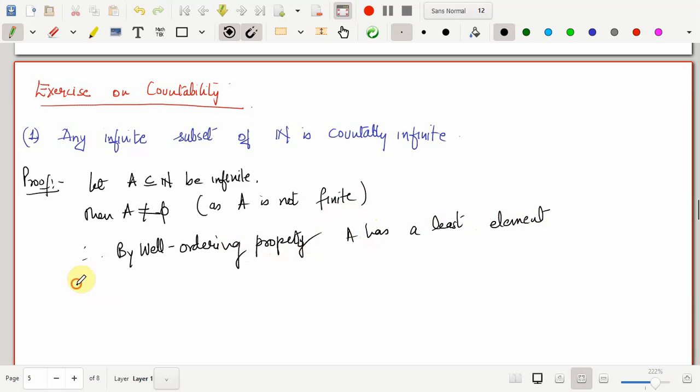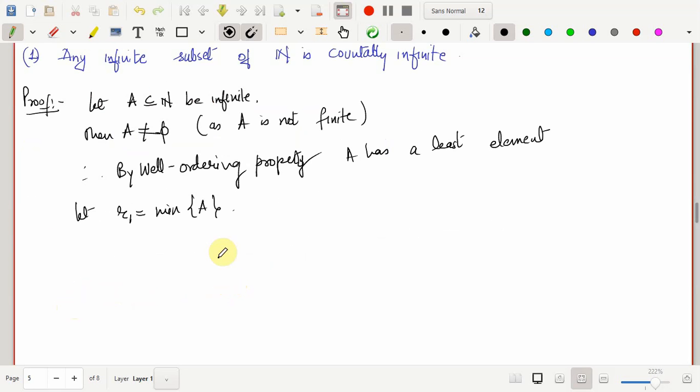Let me call that least element R1. So let R1 be the minimum of this set A. So we first remove the minimum among all the elements of A. Then I'll consider the set A difference R1.